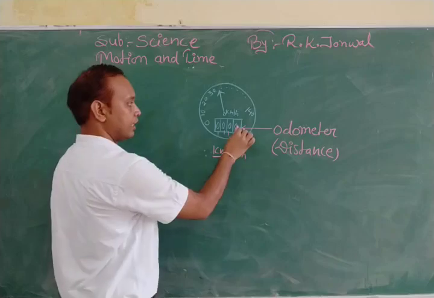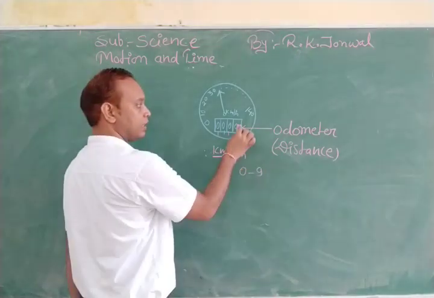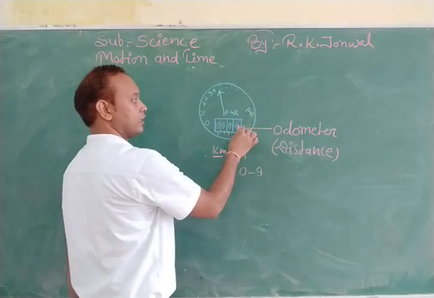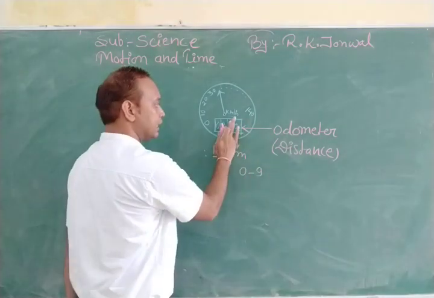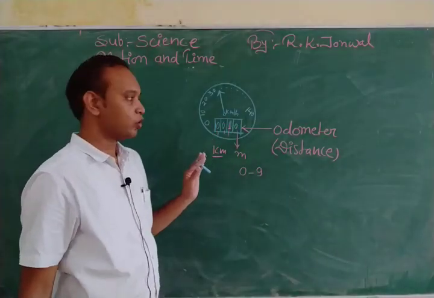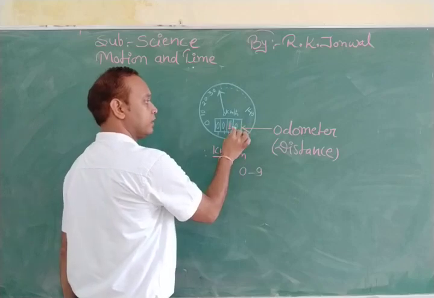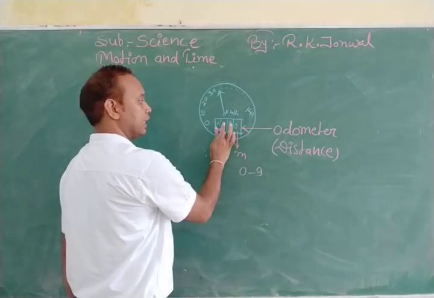Here is a number from 0 to 9. When this 0 reaches up to 9, then after 9, here is written 1. That means 1 kilometer.